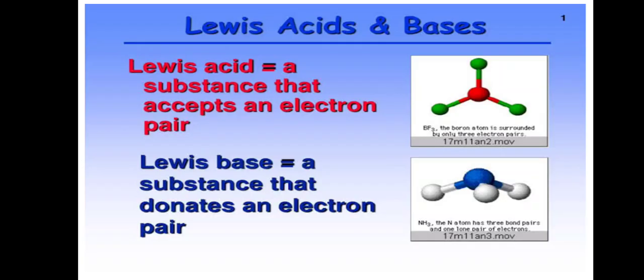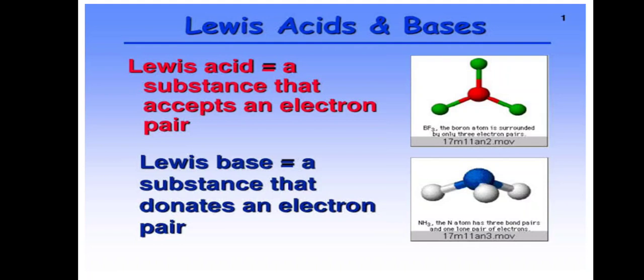Let's see what the third theory says about acids and bases. According to Lewis, in 1923, Gilbert Lewis introduced a new concept about acids and bases. According to Lewis, a substance that accepts an electron pair, meaning two electrons, is a Lewis acid.